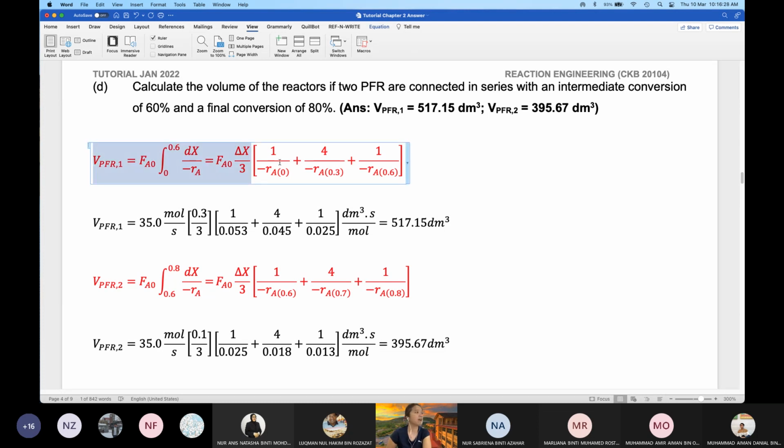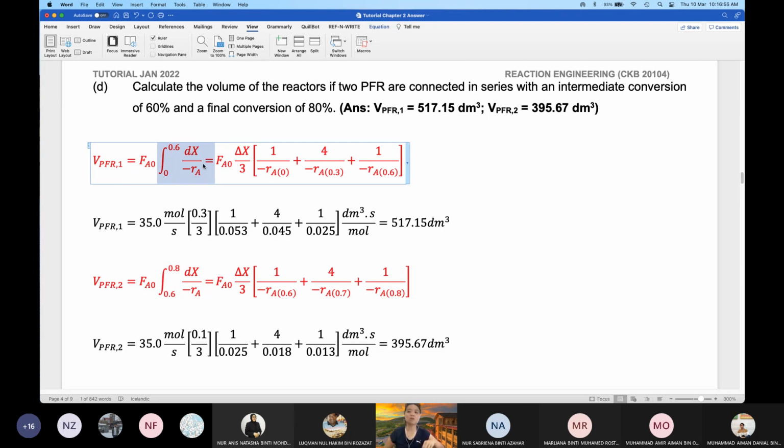In the first PFR, the volume equals FA0 integrating from 0 to 0.6 dX per minus RA. Why 0 to 0.6? Because in the first PFR I go from zero conversion, nothing converted, until 60% in the first reactor. That is why the lower limit is zero and the upper limit is 0.6.